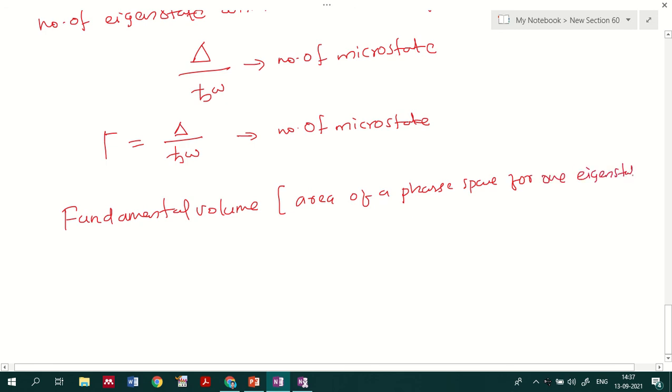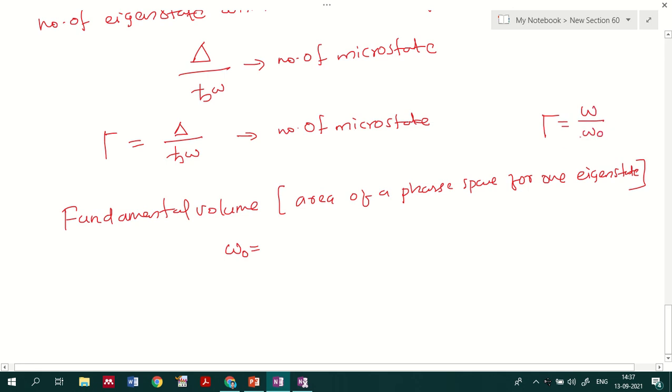Okay, so the fundamental volume or the area of a phase space for one eigenstate is omega 0. We have identified the relation in the case of the microcanonical ensemble, that is gamma equal to omega by omega 0.